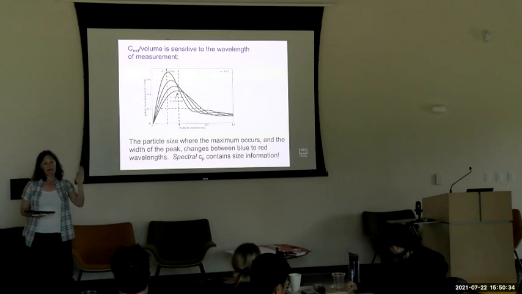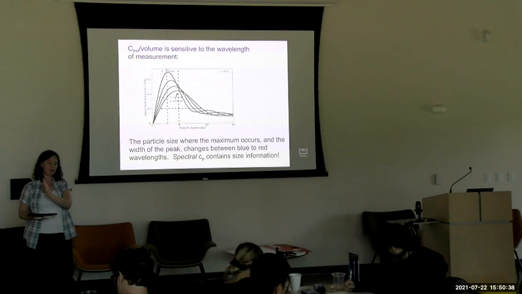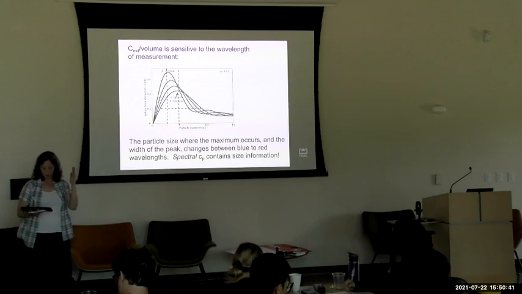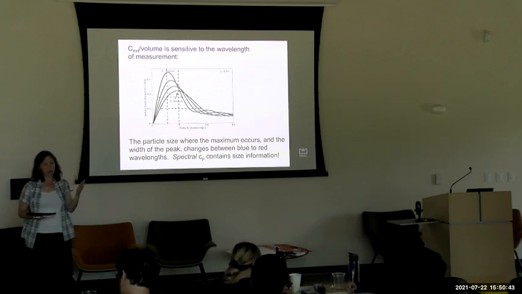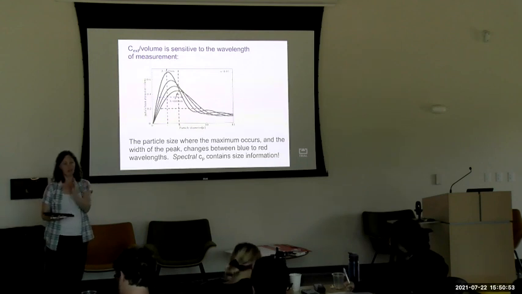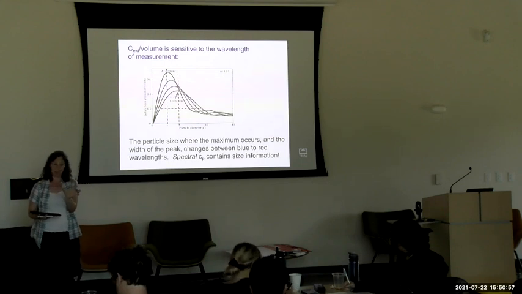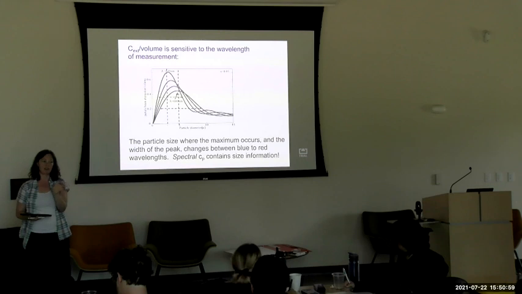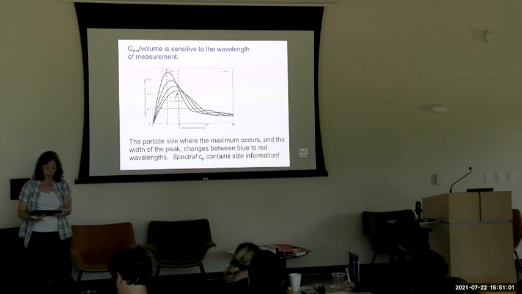That peak size sensitivity varies as a function of wavelength. So at blue wavelengths, that peak sensitivity is at smaller sizes, and the size range is more constrained, and then as you go towards larger wavelengths, the peak sensitivity is for larger particles, and there's a broader sensitivity there.